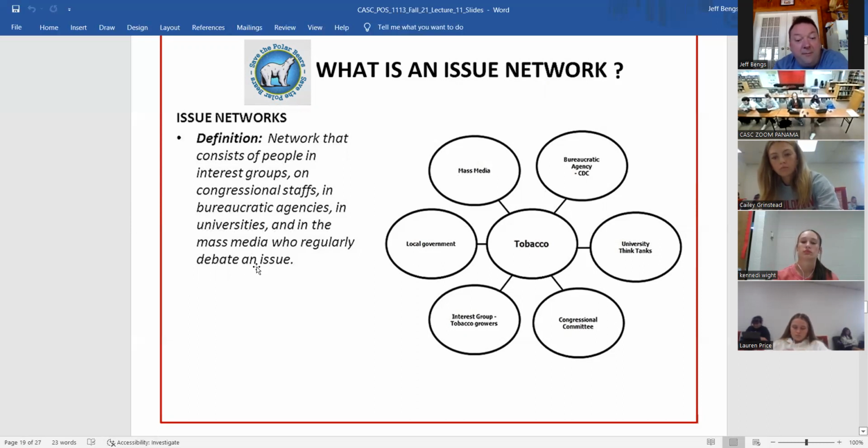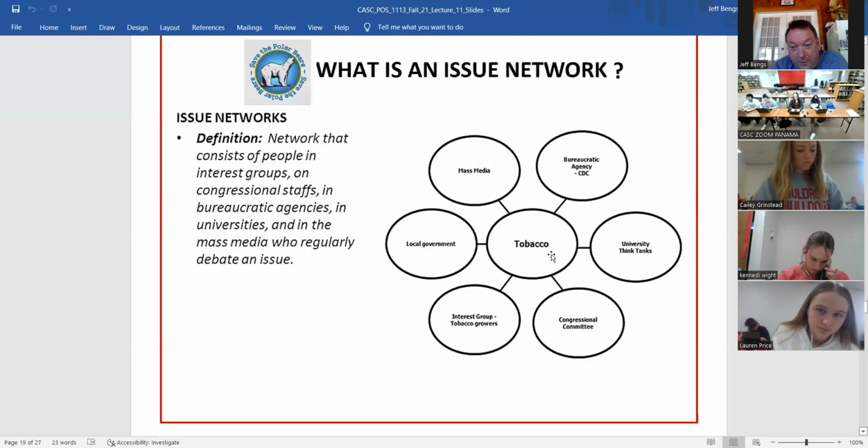Then you might have people in mass media. You might have state government leaders from the state of Oklahoma. For example, you might have the Department of Agriculture, the Oklahoma branch, and the one who works with sheep farmers as a part of it.